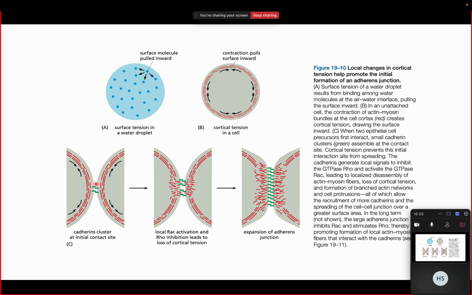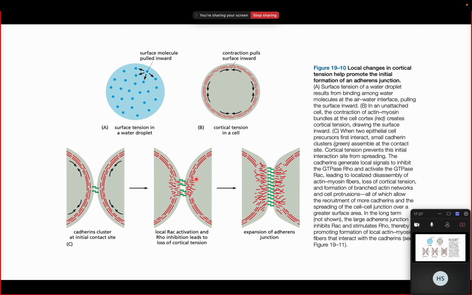So when two epithelial cell precursors first interact, small cadherin clusters, these green ones, assemble at the contact site. Cortical tension prevents this initial interaction site from spreading. The cadherins generate a local signal to inhibit the GTPase Rho and activate the GTPase RAC, leading to localized disassembly of the actin myosin filament, loss of cortical tension, as you can see here.